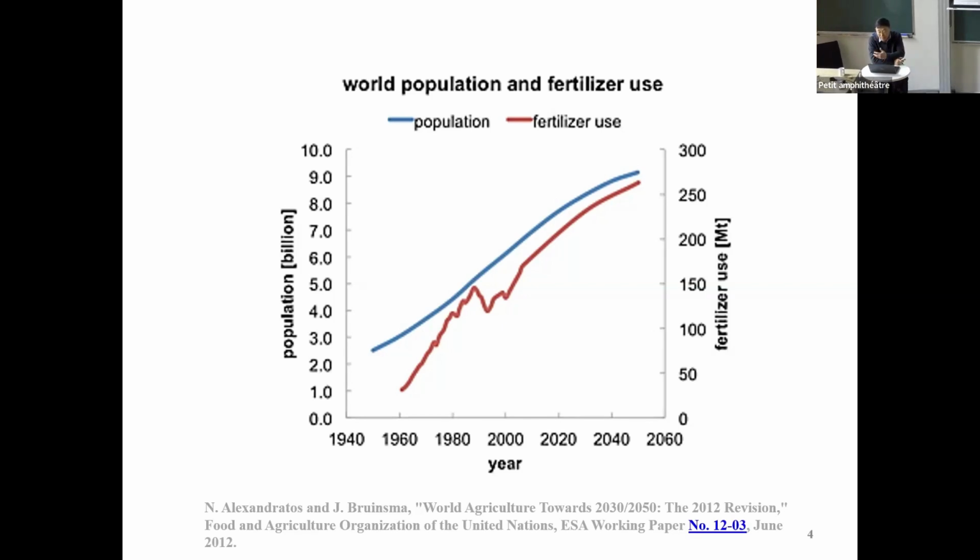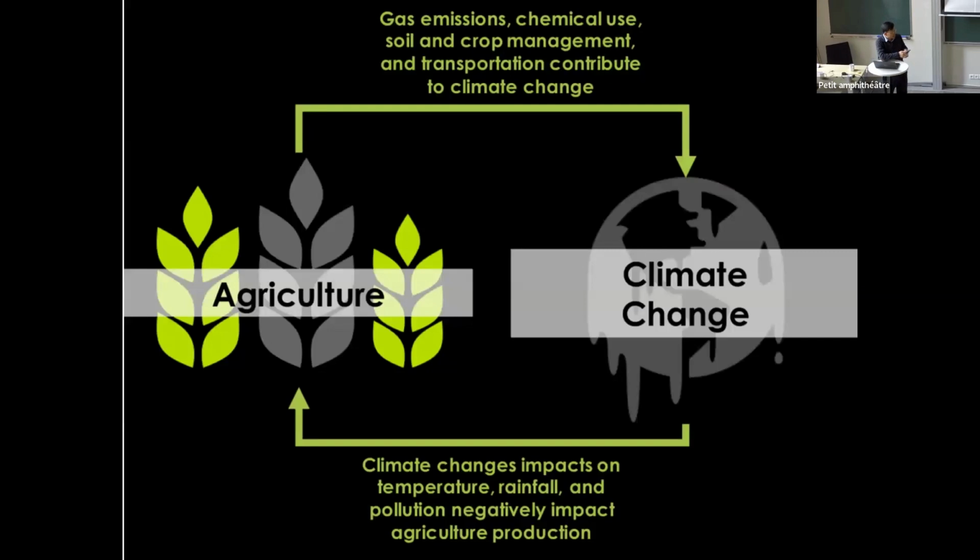Not only are some of the fertilizers natural resources that you use up, like petroleum, you use it up, it's gone. But also, of course, fertilizer use and agriculture practice contribute to this vicious cycle, right? So we know that climate change has a lot of negative impact on agriculture.